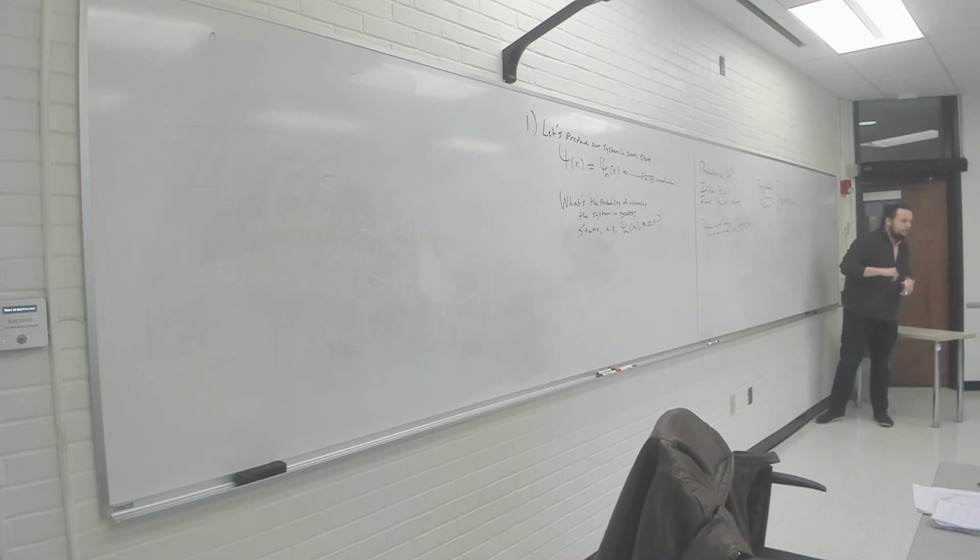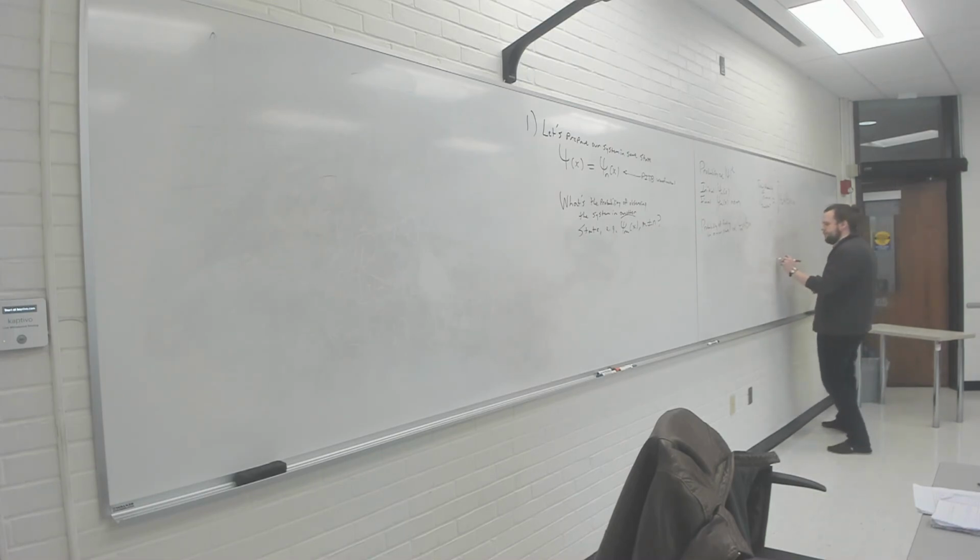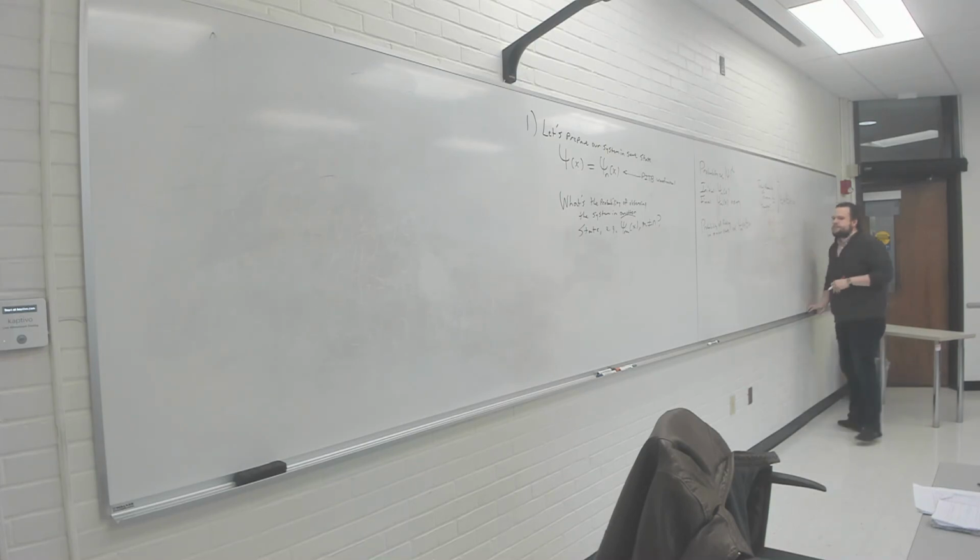I'm going to do a little bit of math here to simplify things. This ends up being 2 over L, integral over the whole box, 0 to L, of sine of m pi over L x times sine of n pi over L x dx.